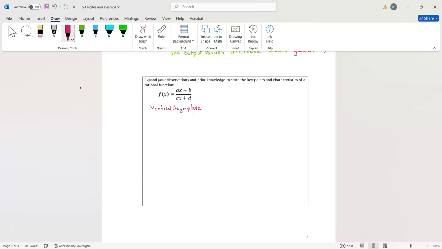Our vertical asymptote breaks up the domain because the function becomes undefined when the denominator is 0.